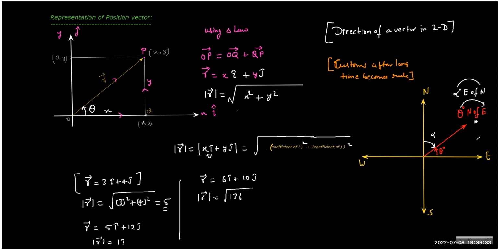How we are expressing it? Similarly, if I choose something here, let's call this beta. What can we say about this direction? Beta degree north of west. Very good.